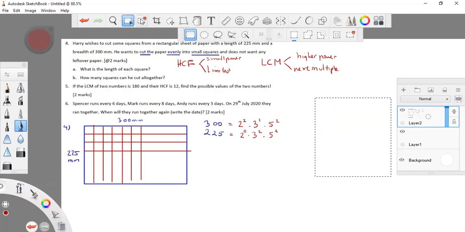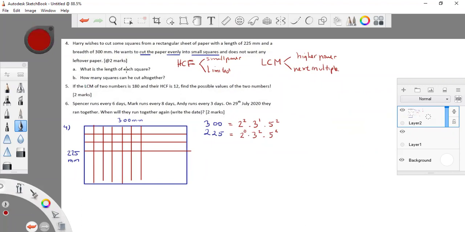Next. A, what is the length of each square? The HCF is the length of the square. 2 power 0, 3 power 1, 5 power 2. So what is the answer? 3 times 75.